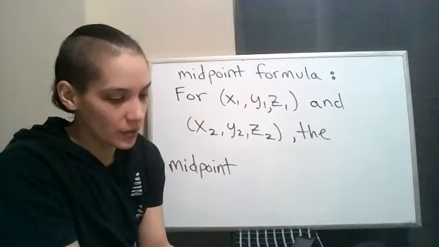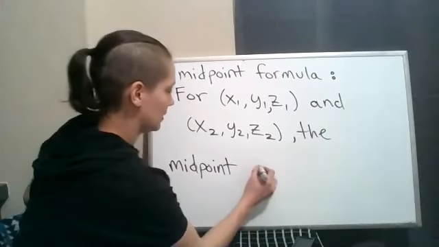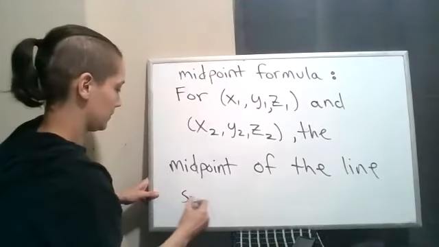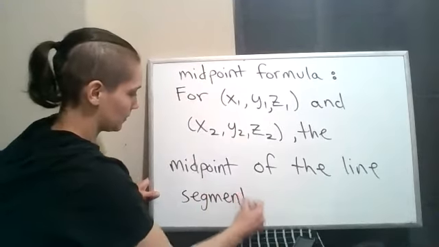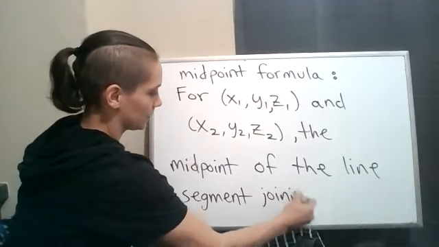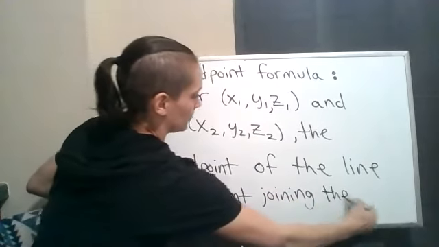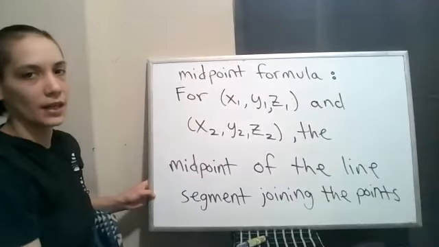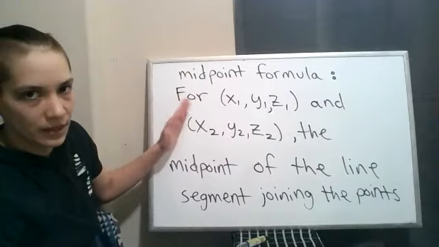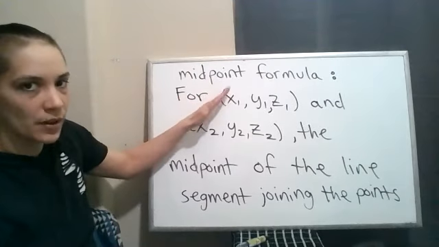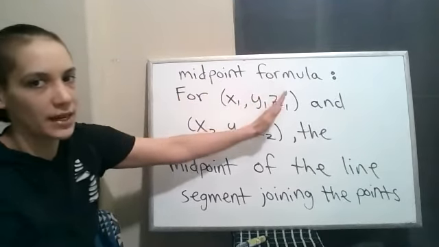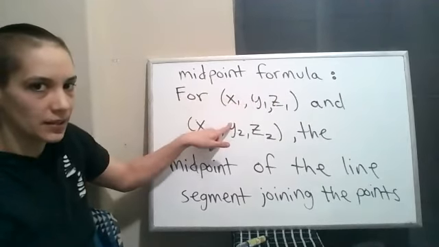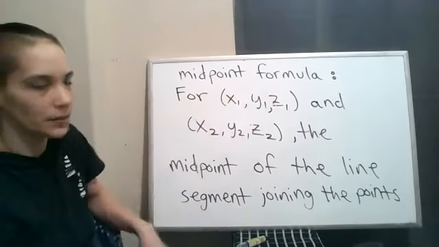The midpoint of the line segment joining the points is, okay, before we write it down, it's going to be the average of your x values followed by the average of your y values, and then the average of your z values. So add them together, divide by 2. Add these together, divide by 2. Add these together, divide by 2.